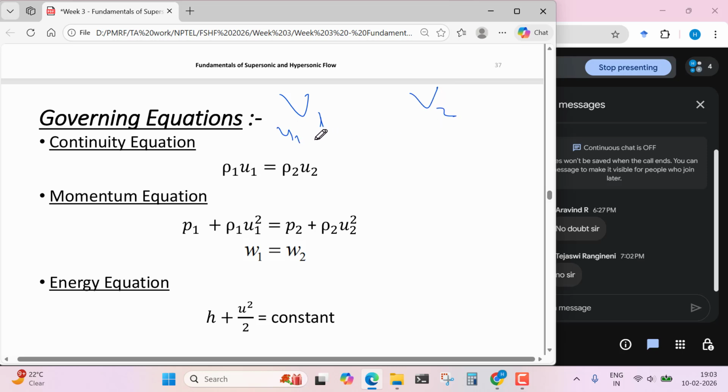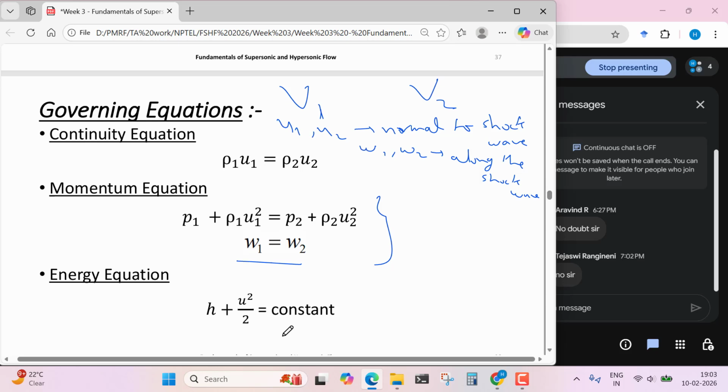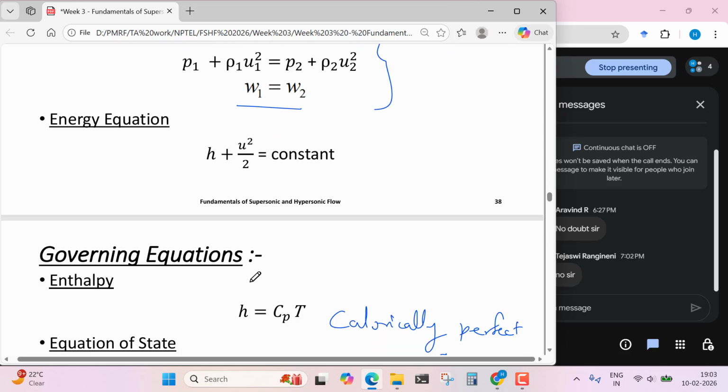U1 and U2 were normal to the shock wave, and W1 and W2 were along the shock wave. So the continuity equation is ρ1 U1 equal to ρ2 U2. P1 plus ρ1 U1² equal to P2 plus ρ2 U2², and W1 equal to W2. These are the momentum equations. And H plus U²/2 equal to constant is the energy equation.